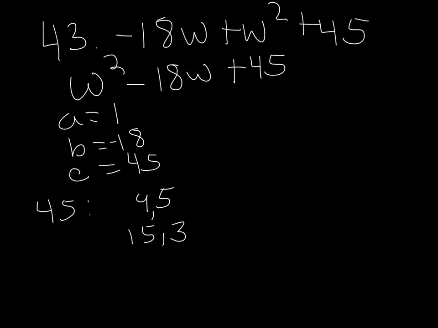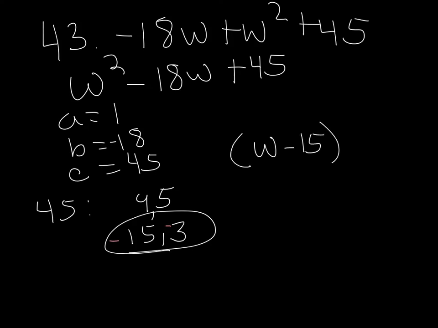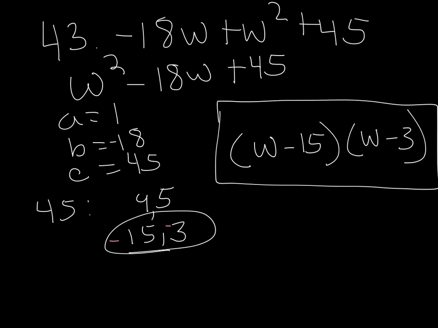And when I see this, I could put both of those together with a negative 15 and a negative 3. If I multiply the two negatives, I get my positive 45. And a negative 15 plus a negative 3 gives me my negative 18. So I know that that's correct. So when I factor this, it'll be w minus 15 and w minus 3. And that's it for that one.